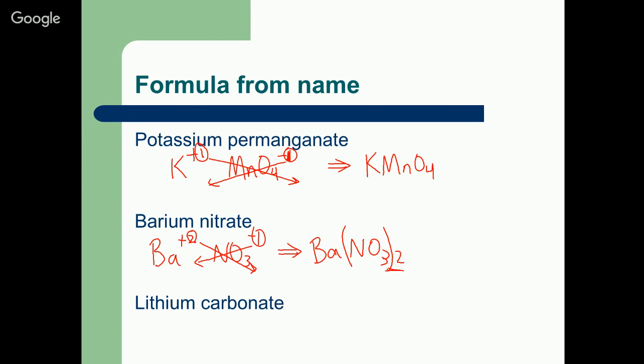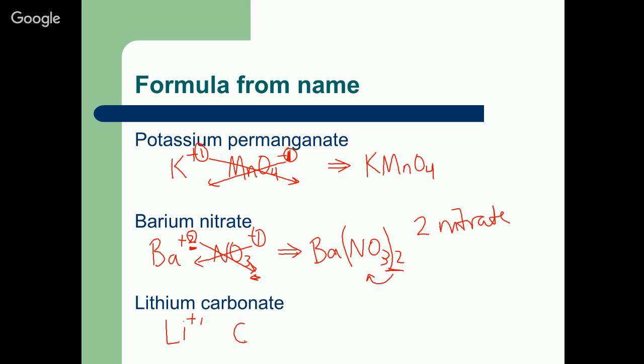By bringing this 2 down, we're saying we have 2 nitrate ions in our formula. As we saw with subscripts, anything that precedes the subscript belongs to it. So here we have Ba(NO3)2, two nitrates.